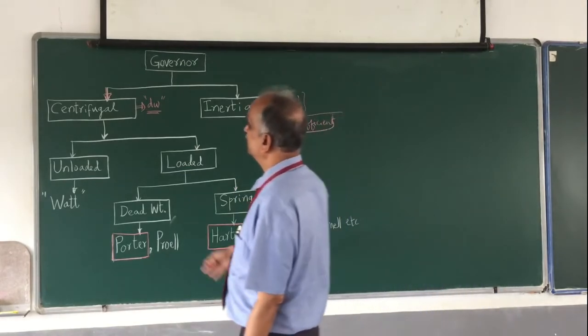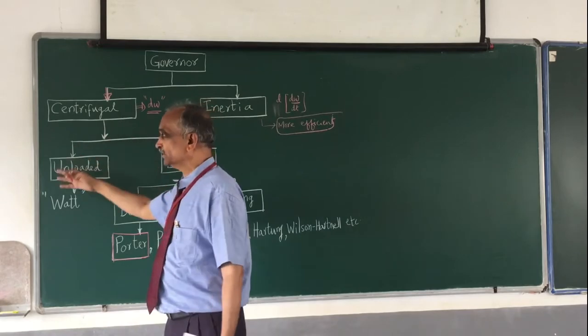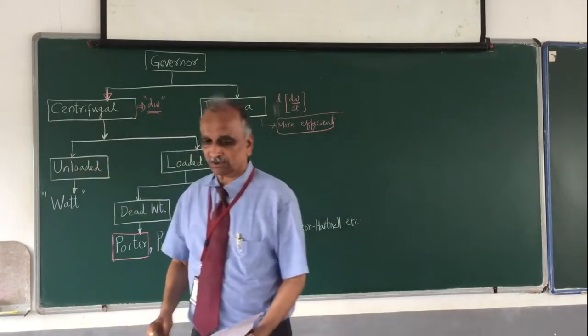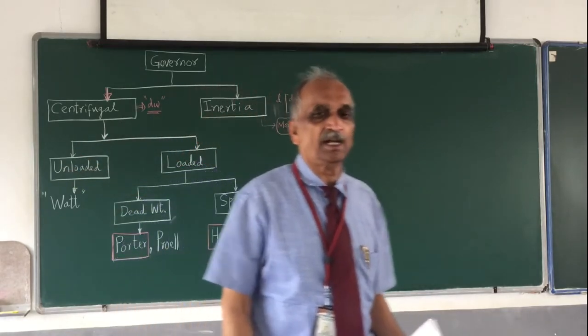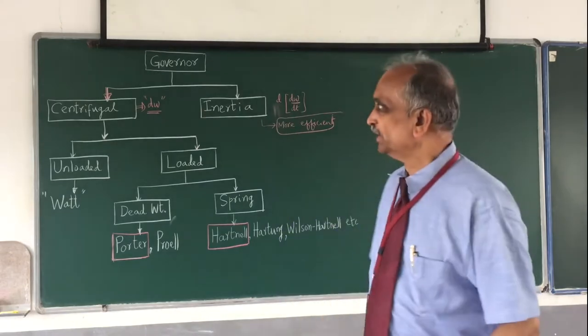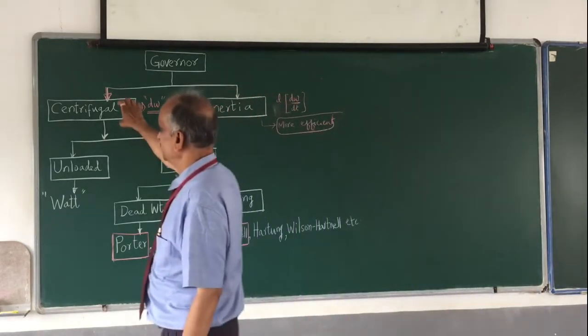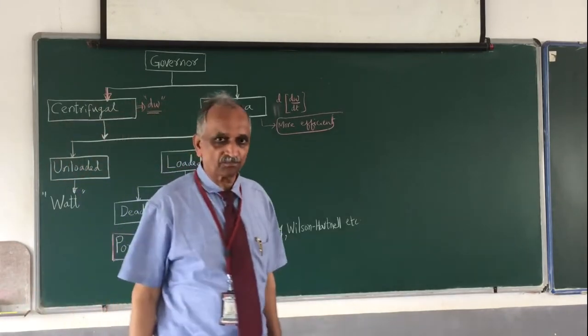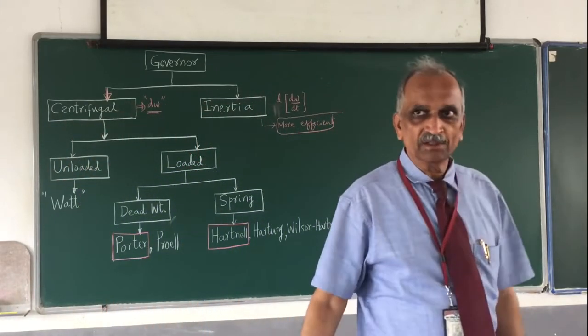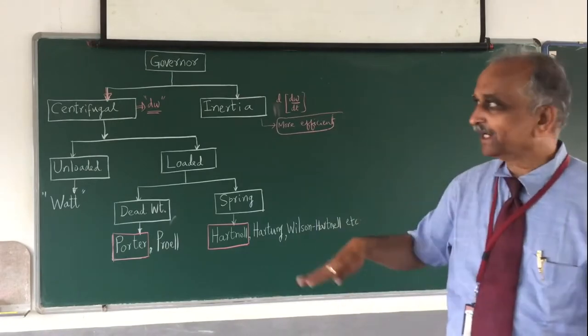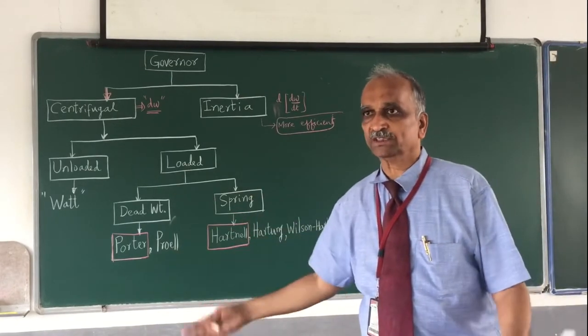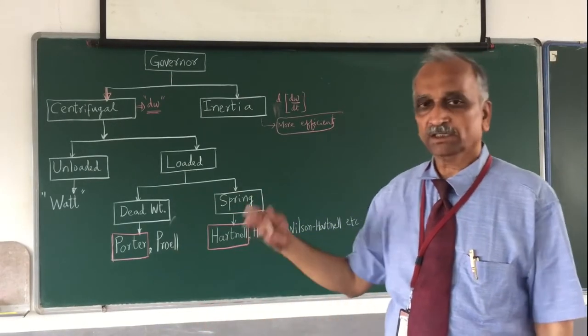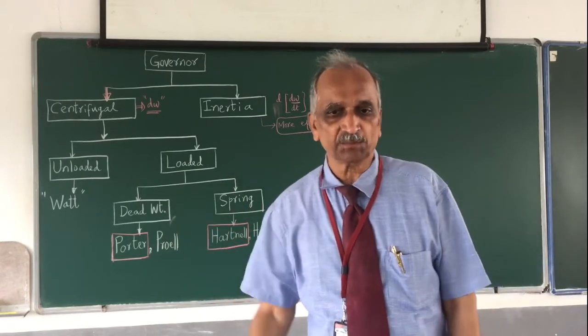Centrifugal governor itself is further classified into two categories, unloaded governor and loaded governor. As you all know, every centrifugal governor has a sleeve. The sleeve is a must for a centrifugal governor, and its position decides the speed of the engine or the speed of the governor spindle.